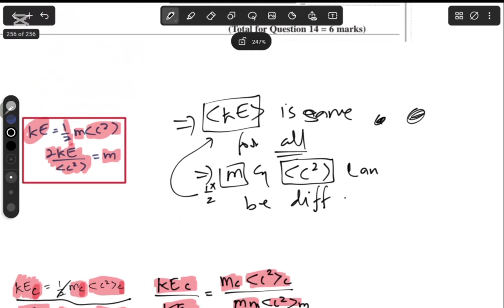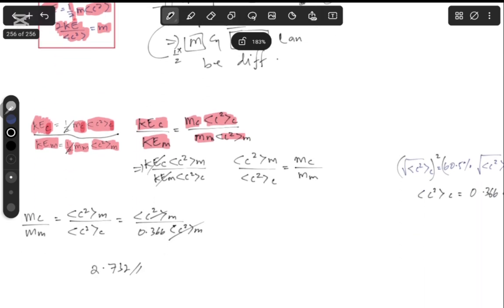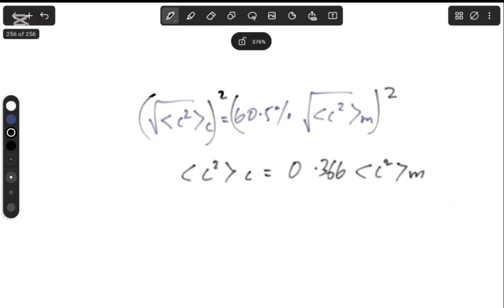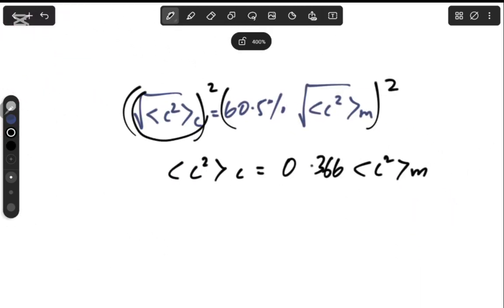Now, what you should know by now is that the root mean square velocity of carbon dioxide is 60.5% of the root mean square velocity of methane. So I can square both sides and I'll get the mean square velocity of carbon dioxide is 0.366 times the mean square velocity of methane. Okay, I just square everything.